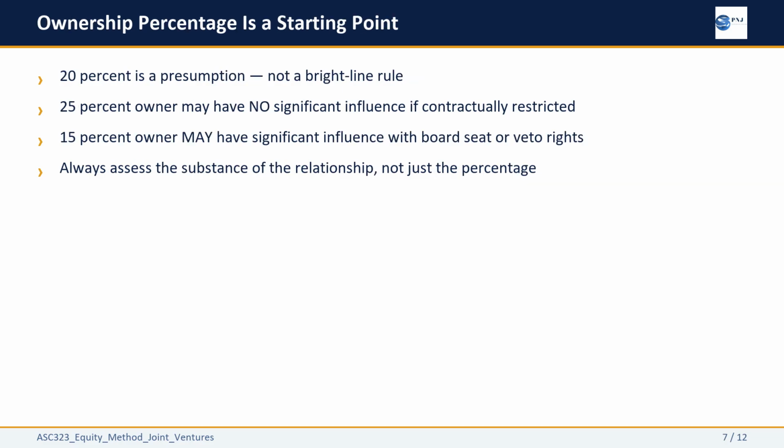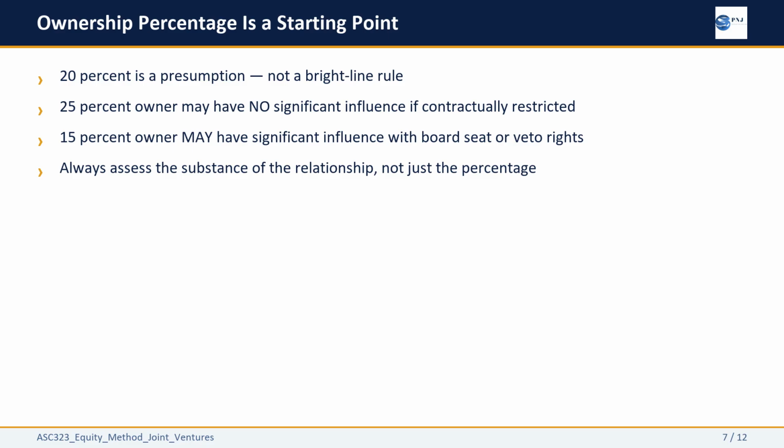Watch out for this one. Most people assume the 20% threshold is a bright line, but it is not. It is a rebuttable presumption, meaning the facts can override it in either direction. Consider a 25% owner who has signed away all voting rights and is barred from board participation by contract.